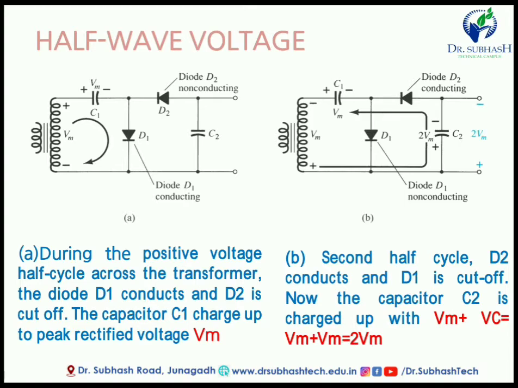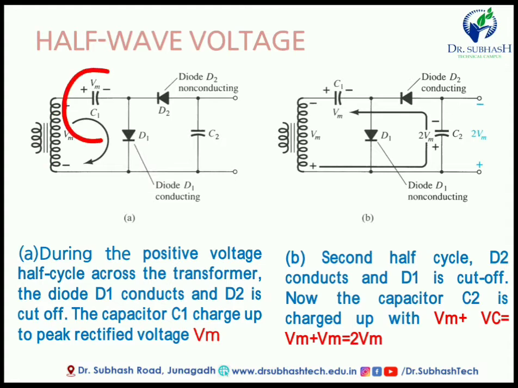During the positive half cycle, this terminal is positive, this terminal is negative. So this diode is in forward bias, and initially this capacitor is in discharged mode. Whenever this capacitor is discharged, then it starts to charge up to this input voltage, and current will flow through this D1 diode and the circuit is completed.